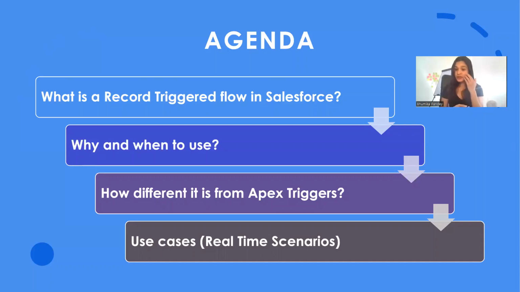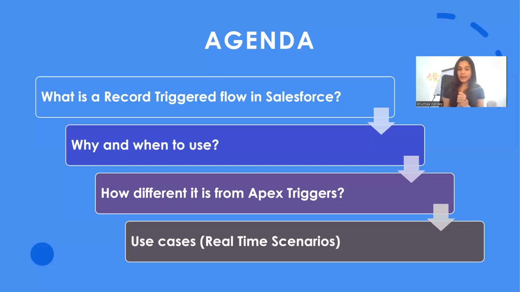So you don't have to create a screen, and you don't have to call your flow from a process builder or somewhere else. The moment you are doing anything on your record, you can write a record triggered flow, and as per your condition, criteria or requirement, you can write your logic, and as per the operation that happens on your record, your record triggered flow will get fired.